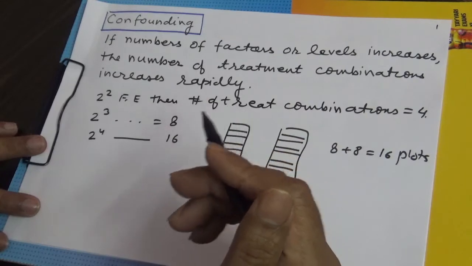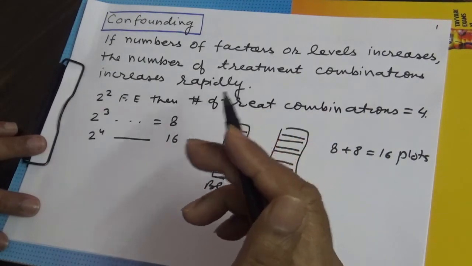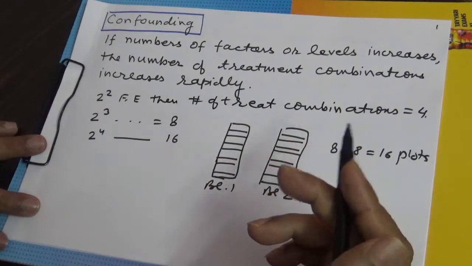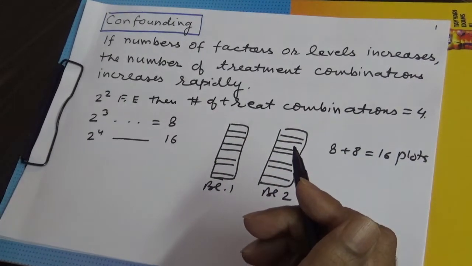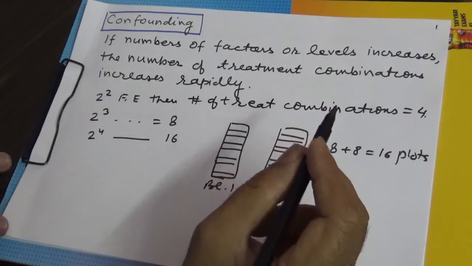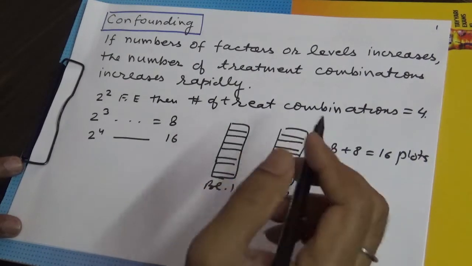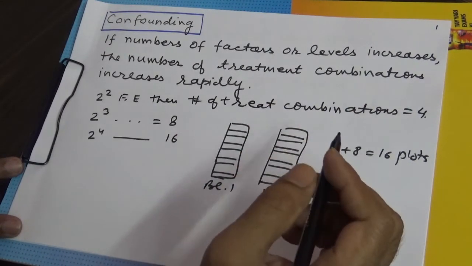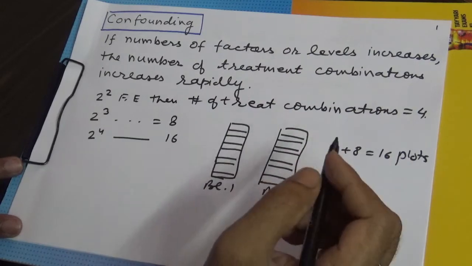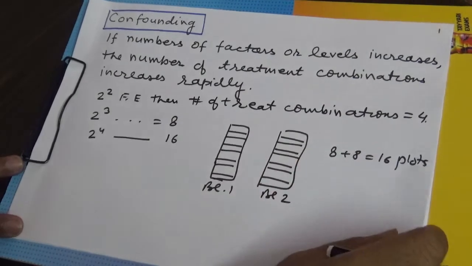So the experimental material which is needed also becomes more, and hence the cost of the experimentation becomes higher. So my issue is this: now I want to reduce the block size. As soon as I make the block size less, the experimental cost will also become less. So now how to get it done?